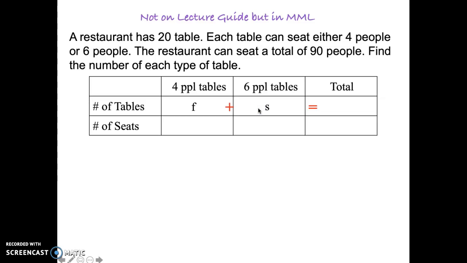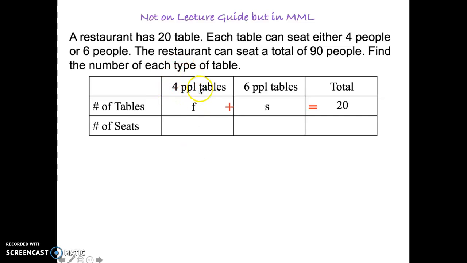When I add those two numbers together, it should add up to what? Yeah, 20 tables. The number of 4-person tables plus the number of 6-person tables has to add up to 20 tables. The second equation is based on the number of seats available.